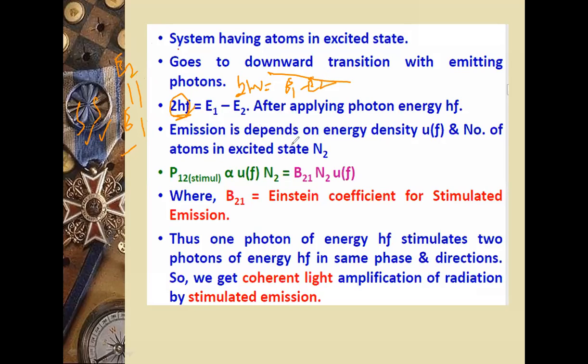And emission depends on the energy density, as I mentioned. Again for stimulated emission, P21 is directly proportional to N2, the number of atoms present in the excited state, and the energy density UF. The total is B21 N2 UF. So this is the third equation. We got 3 equations. One is absorption, P12.